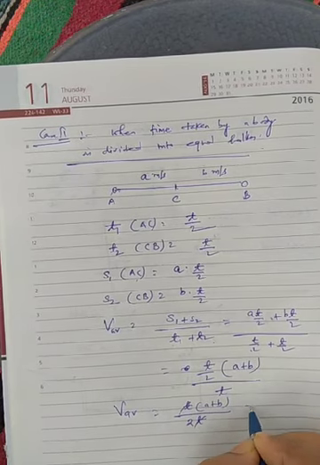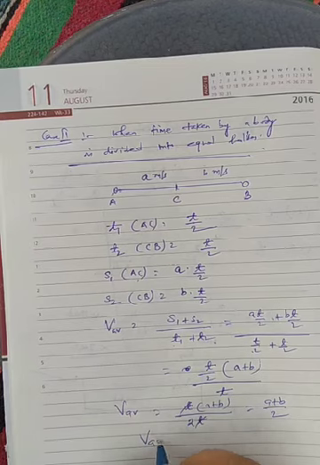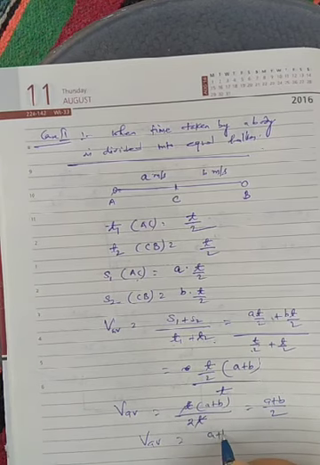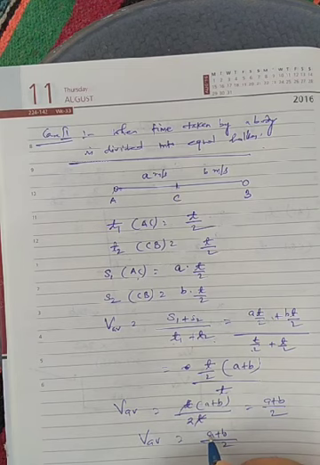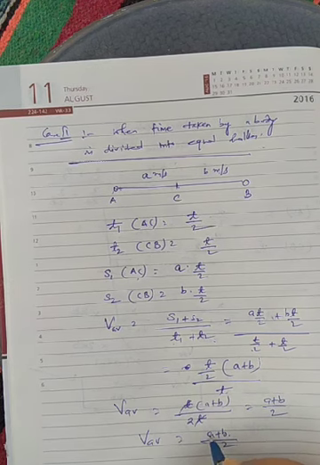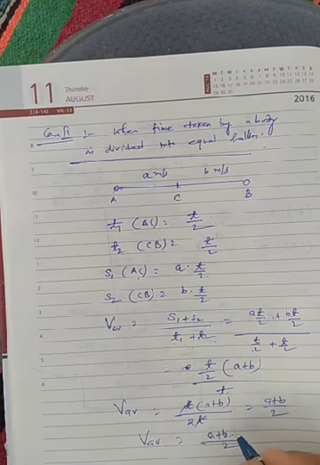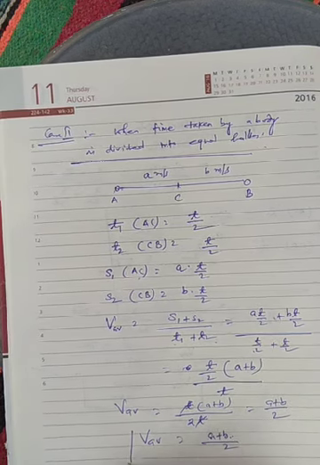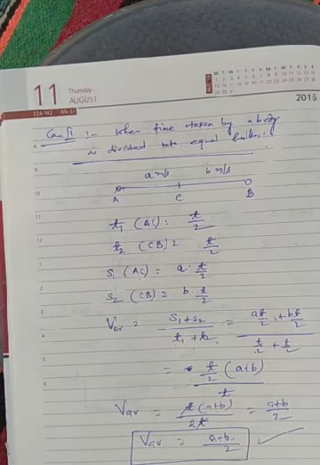So T, T got cancelled. So A plus B by 2. So average speed will be A plus B by 2. A is speed, B is speed, so it is actually a mean of speeds in this case. So this is the average speed when the time taken by a body is divided into two equal halves.